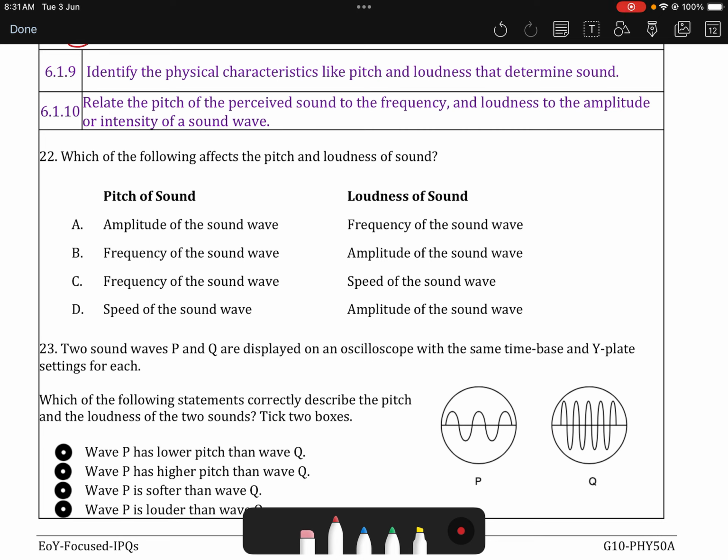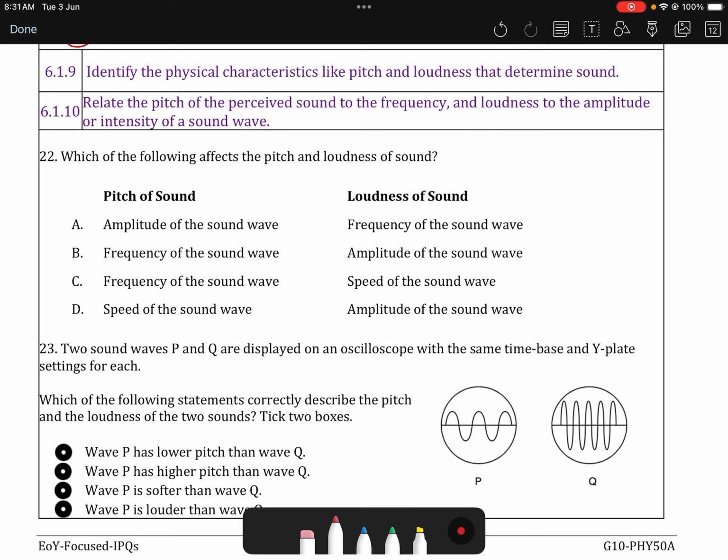Now, let's look at those. Which of the following affects the pitch and the loudness of the sound? Now, we know that the pitch is like the difference between, let's say, a boy's voice and a girl's voice. This difference is based on the frequency.